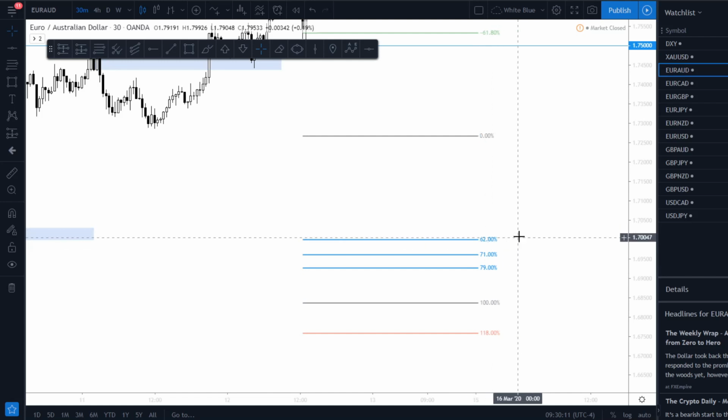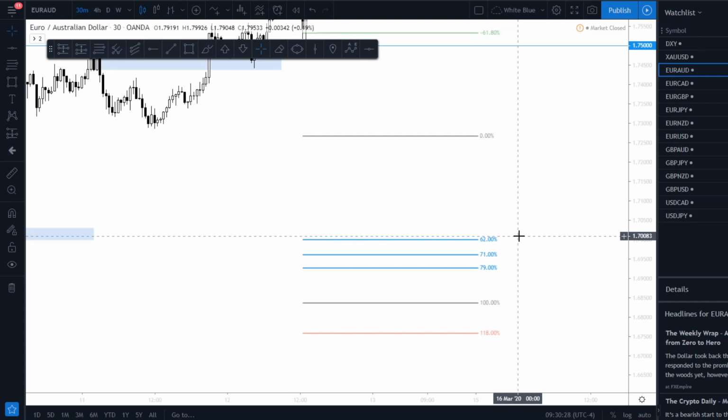62 is a zone where a trade is setting up, and I might put in half the position on the 62% and put a limit order for the 71% for the extra 0.5%, or whatever percentage you're doing.